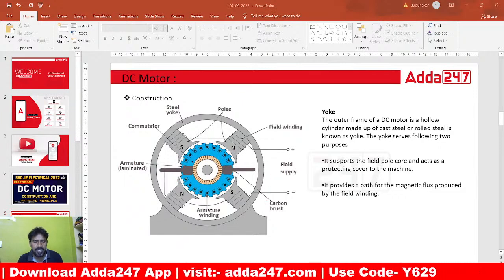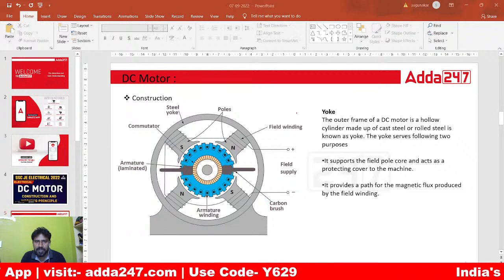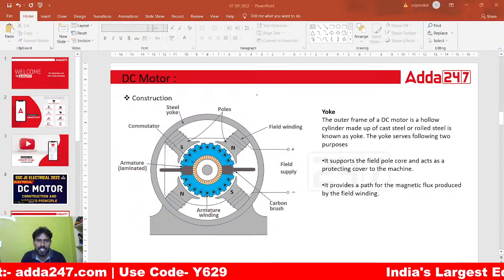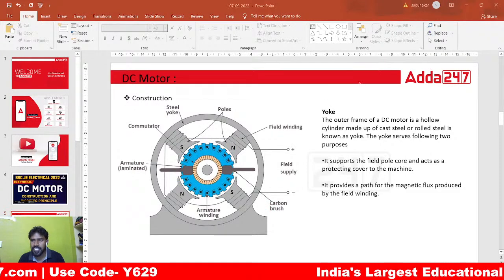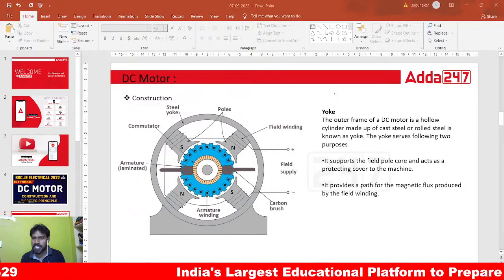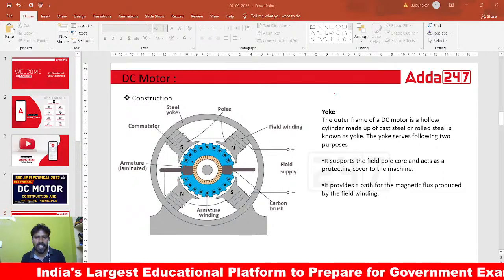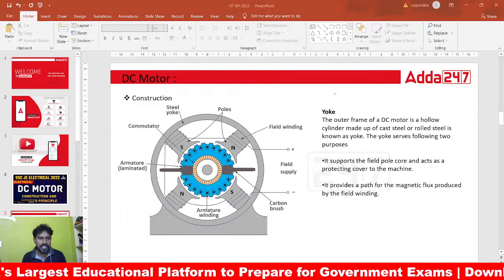You can remember it simply: when a DC motor is connected to an external DC supply, the field coil is excited, developing north and south poles. The current flows through the armature winding.